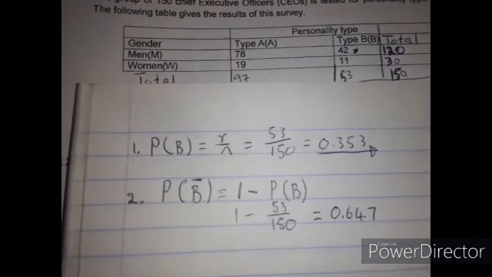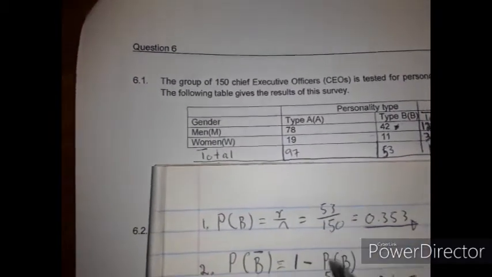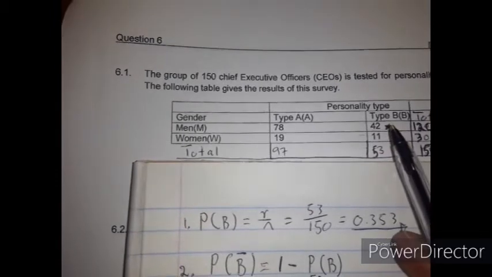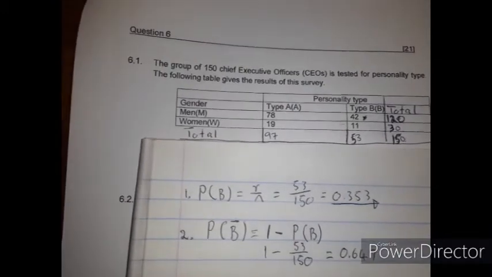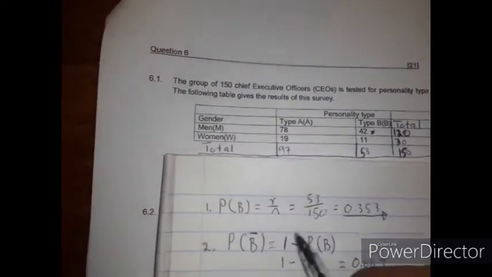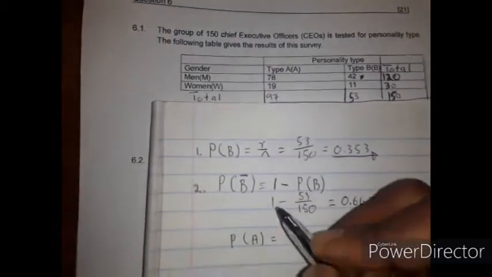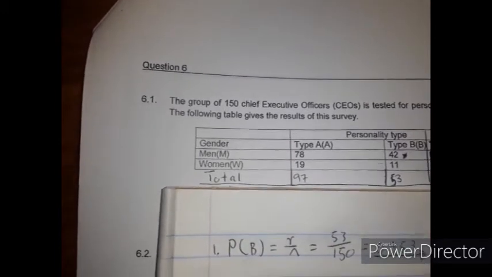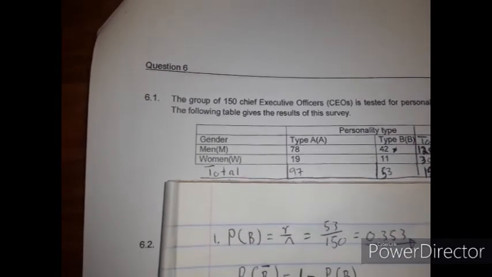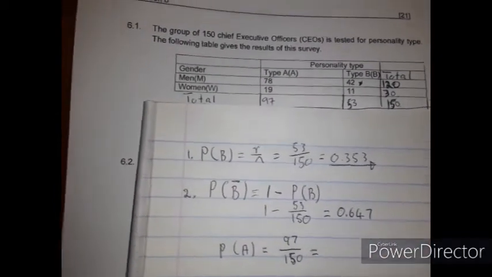Or just calculate the probability of type A, because if we don't want the probability of type B, which means we want type A, which has a total of 97 over the total possible outcomes, which is 97 over 150.